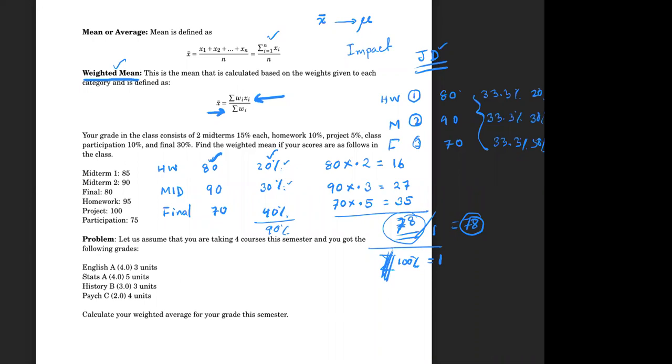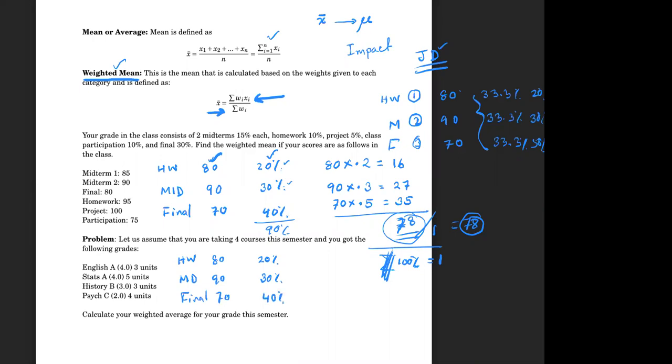So let's go ahead and do the problem. Let me just write it out here. That way it will be easier. Homework 80, which is 20%. Midterm 90, which is 30%. And final 70, which is 40%.